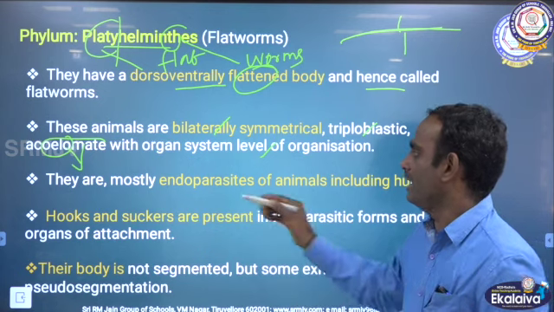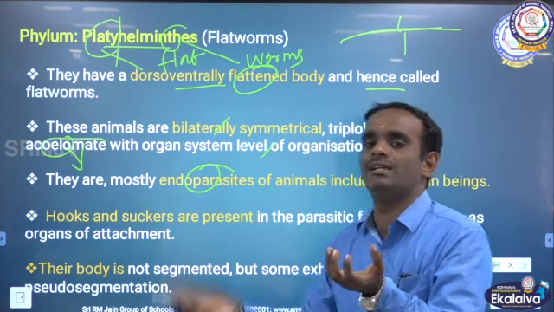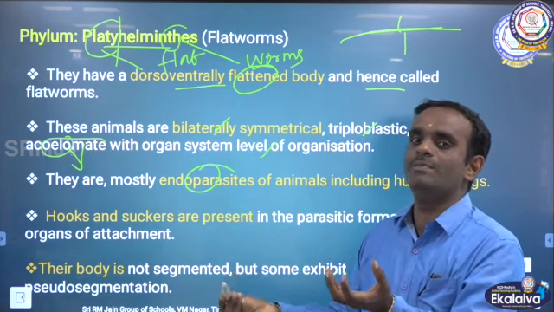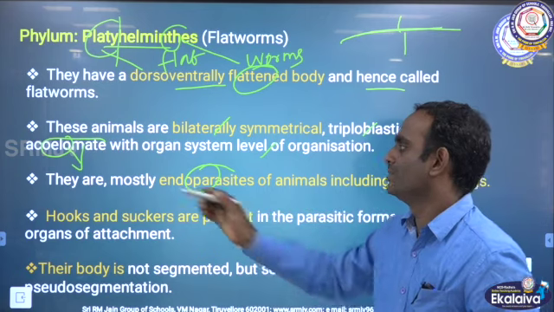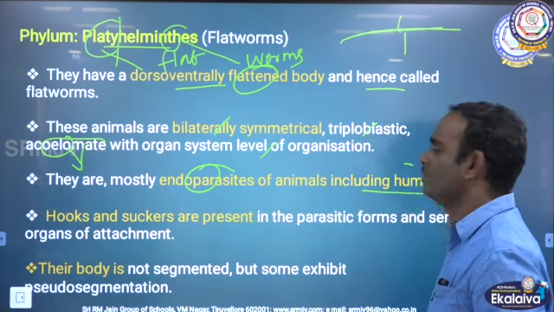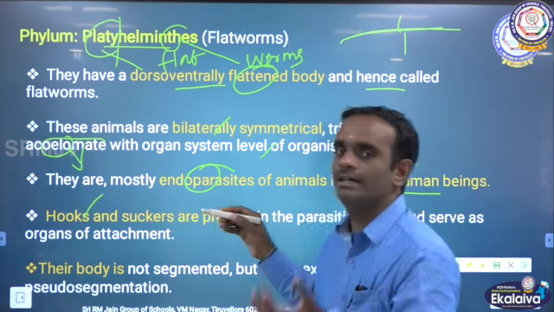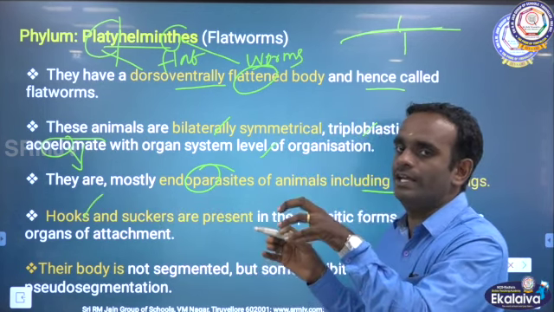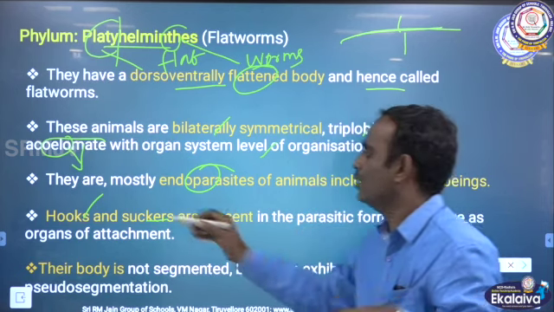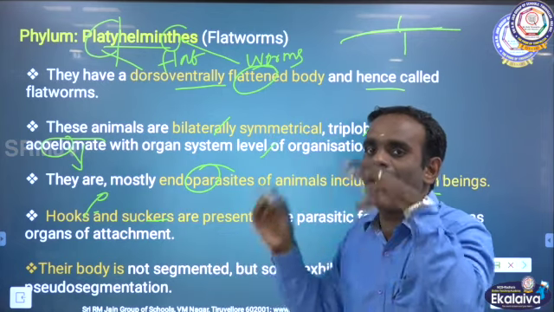They are mostly endoparasites. Parasites means they depend on other organisms for food. Endo means it goes inside. So they are mostly endoparasites of animals, including human beings. In the flatworm there are hooks and suckers present in the head portion.